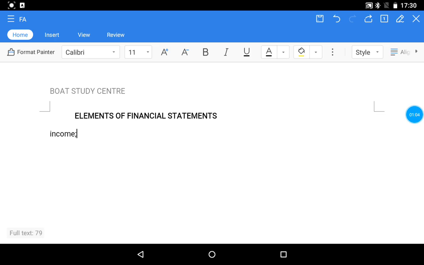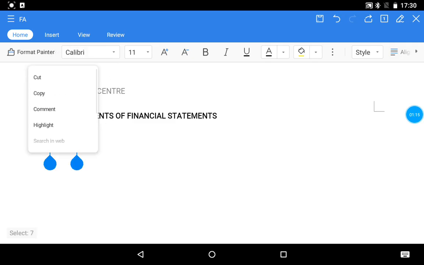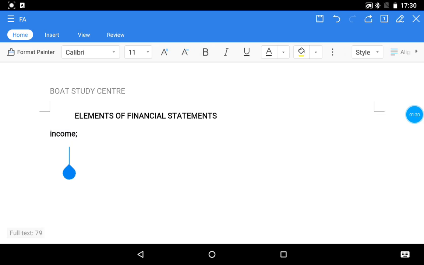No, you record it as grant received, because you have received it from somewhere, so you are going to use it in your business. It is going to increase your income.